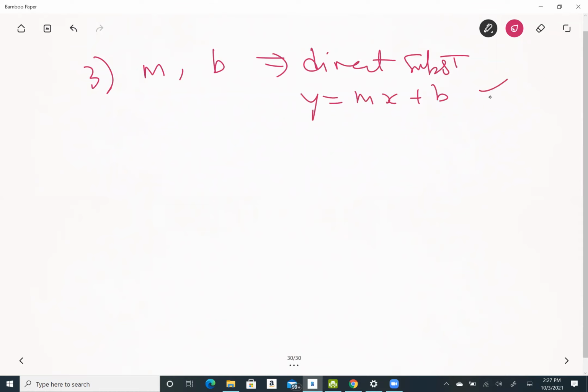So let's do by example the cases of number one, and of course each of these possibilities. Let's look at an example.